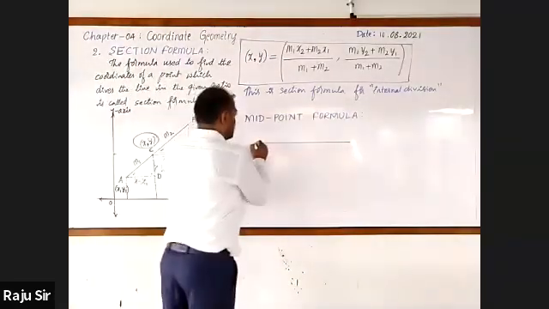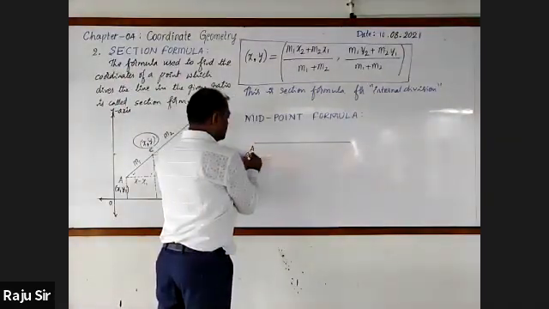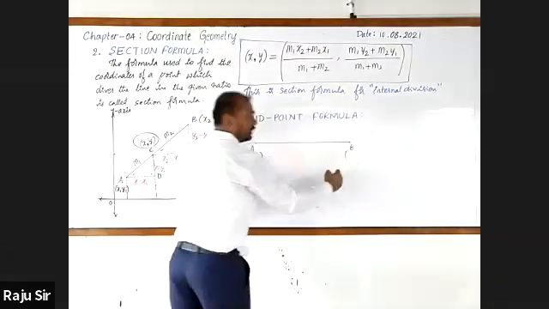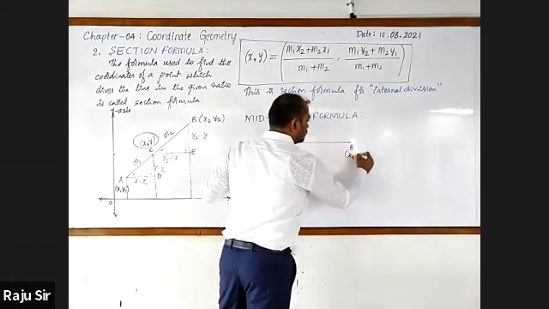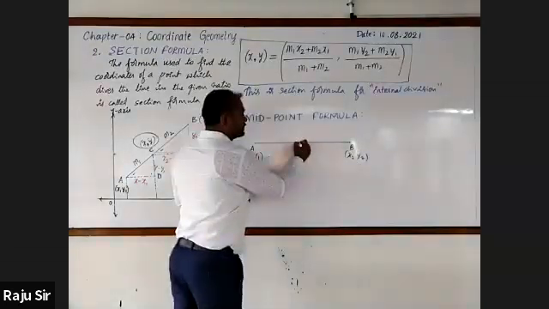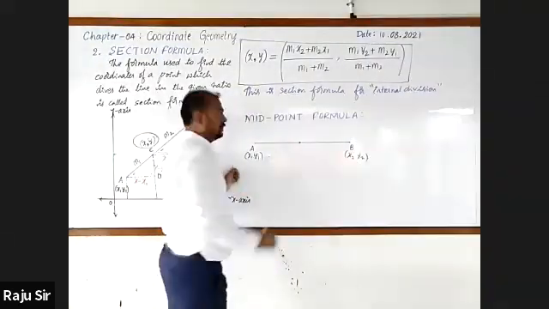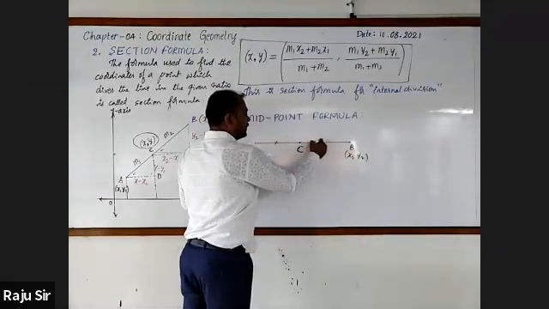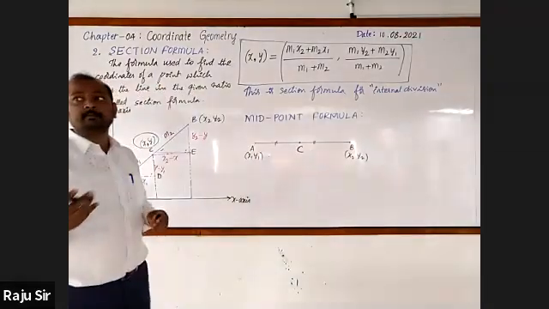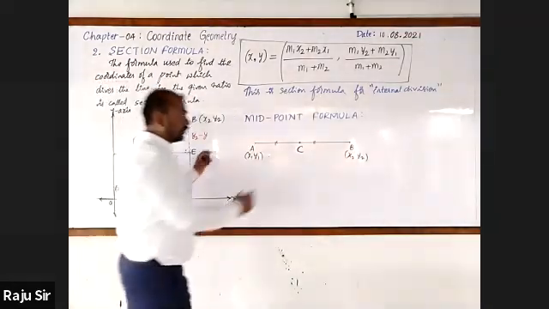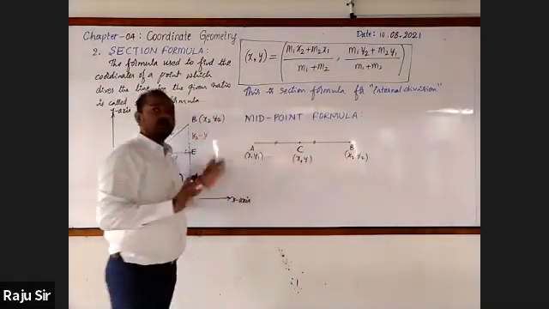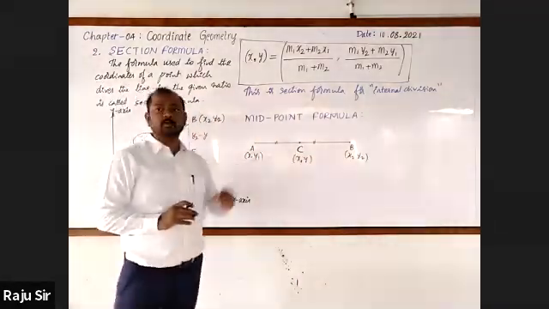I call it as A, it is x1, y1. This point is B, whose coordinates are x2, y2. And this is the point C, which divides AB into two equal parts. So C is called midpoint. Let the coordinates of this point be x, y. Now we have to find out x and y.